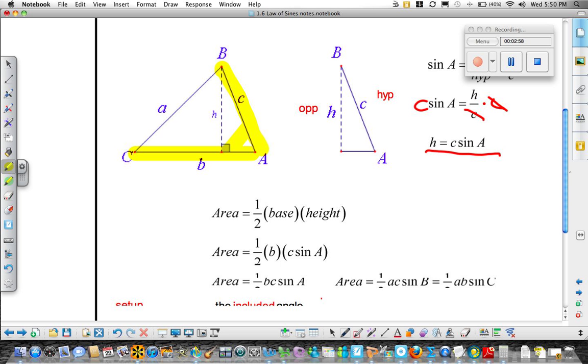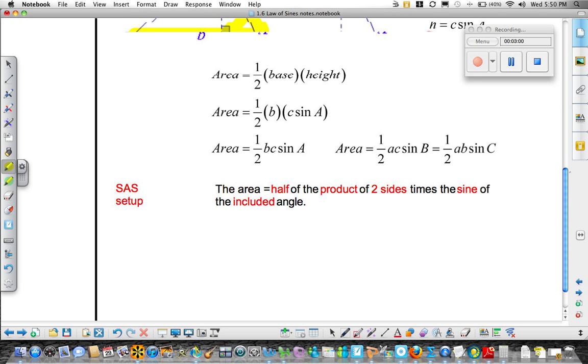So essentially what we have is a side-angle-side setup. When we have that setup, the area of a triangle is equal to half the product of those two sides times the sine of the included angle. This is another representation of that formula.